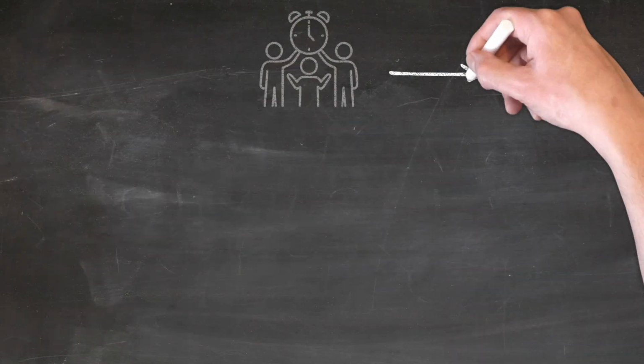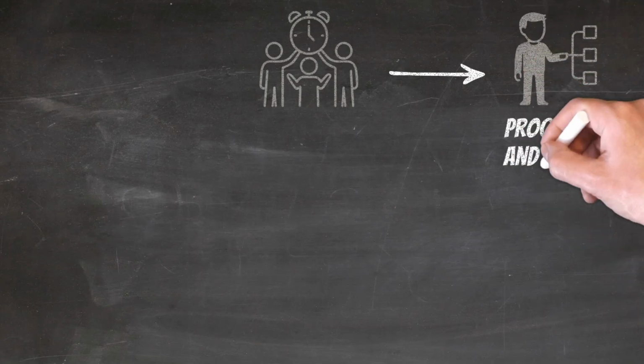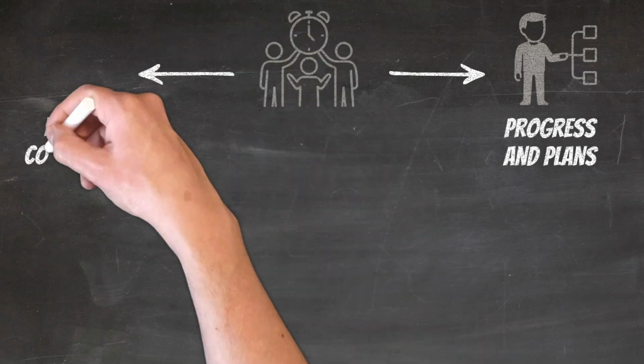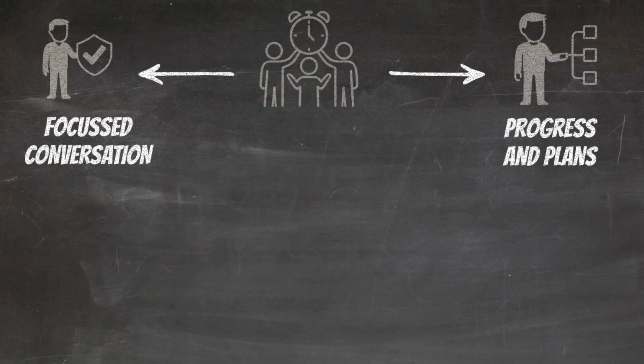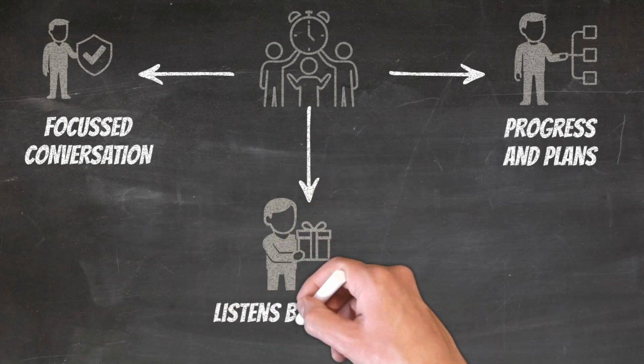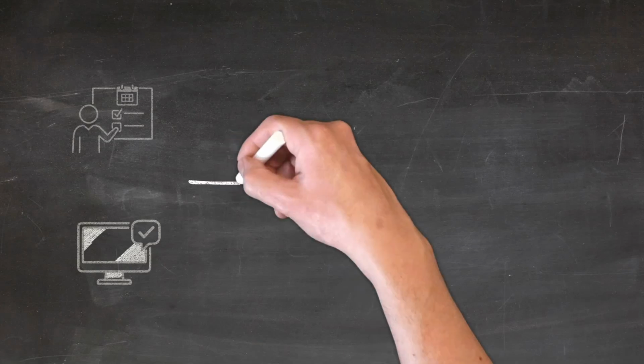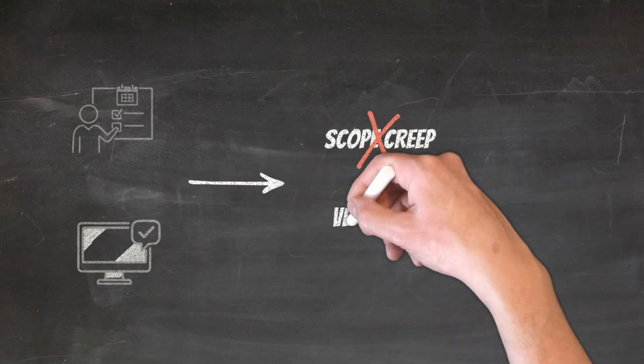During the daily Scrum, each role plays a specific part. The developers discuss progress and plans while the Scrum Master ensures the meetings stay focused. The product owner listens but doesn't control the conversation. In sprint planning and review meetings, clear role responsibilities prevent scope creep and maintain velocity.